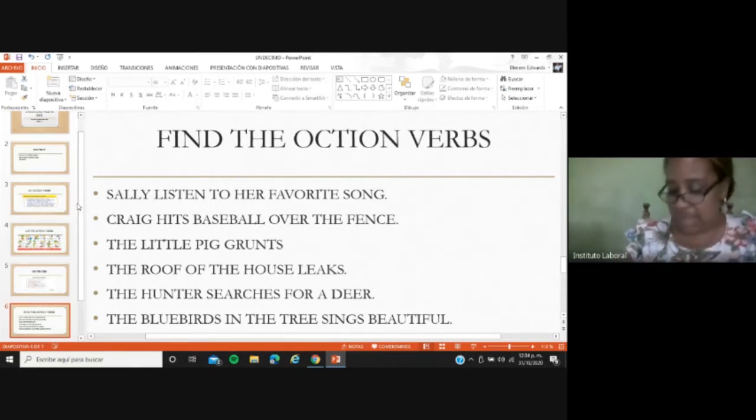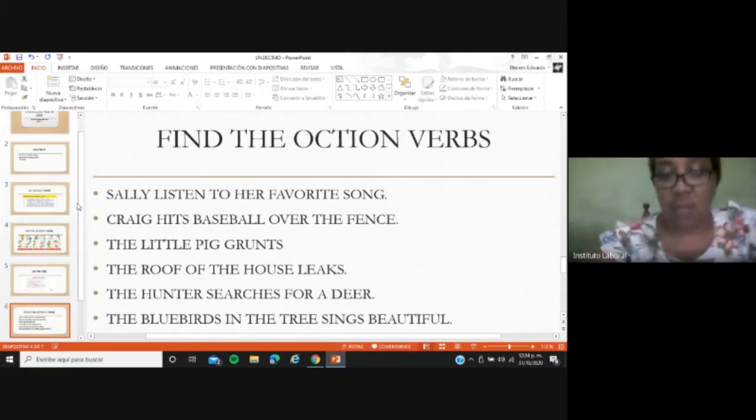If you see page 19, en la página 19, we continue with more sentences to underline. We have Paul read the adventure of Tom Sawyer. Which is the action verb in number 9 of page 19? Read. Read is the action. Mr. Gray buy a roll of paper towel at the store.